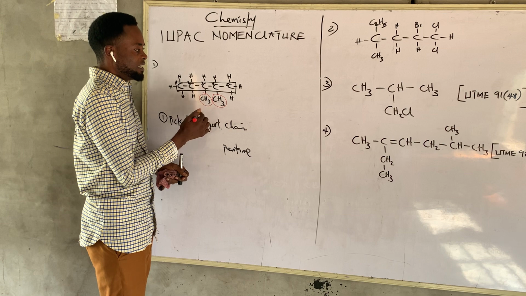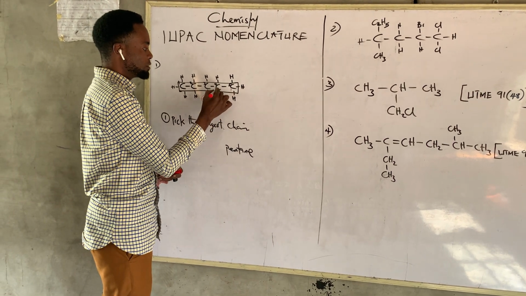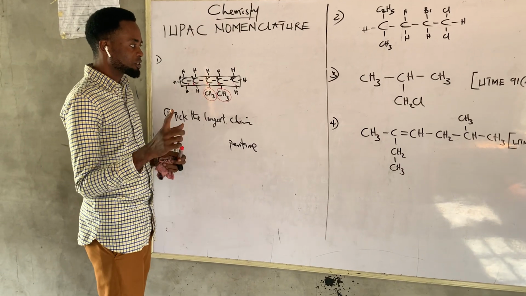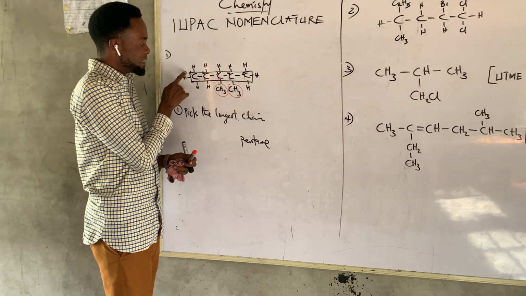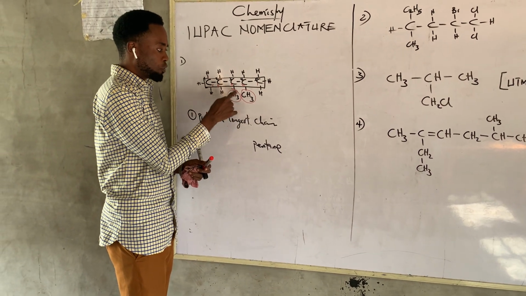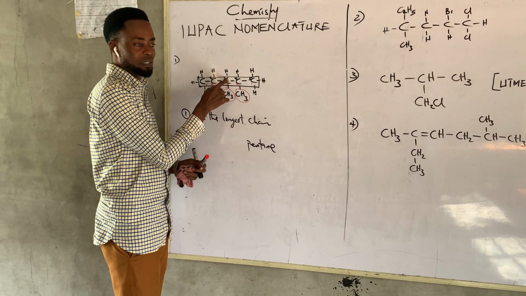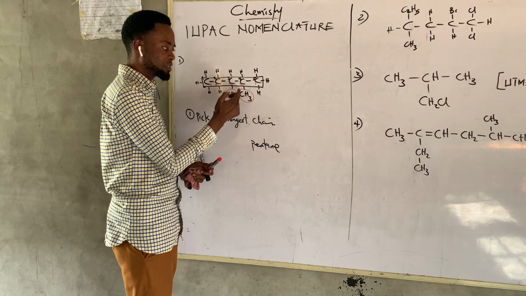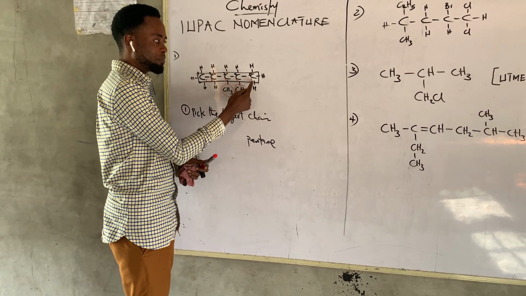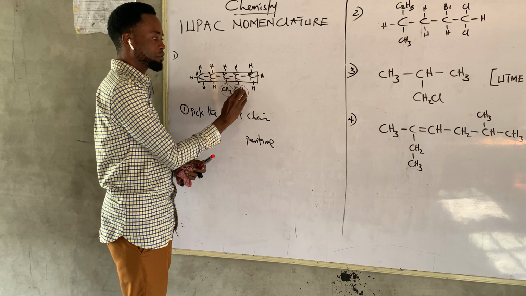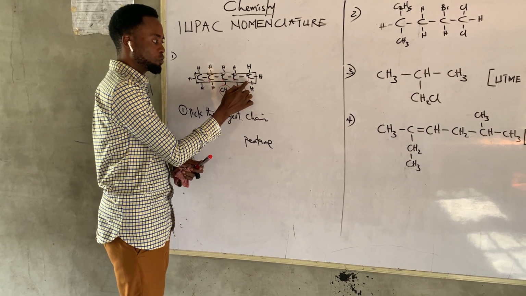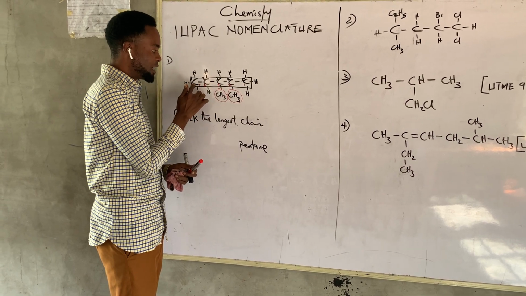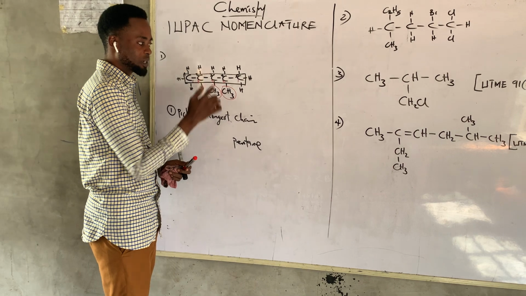If I number with the black ink 1, 2, 3, my first house is house number 3. But if I number from here with the red ink 1, 2, the first house is going to be on number 2. So it's better I number from the red ink because of the proximity, this is very close. If I number from the other side 1, 2, 3, the first building is going to be on carbon 3.